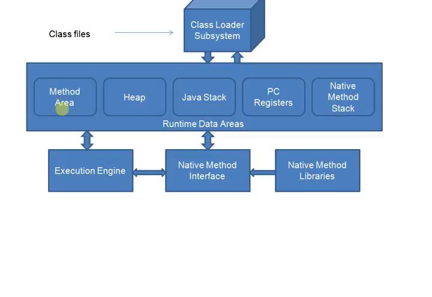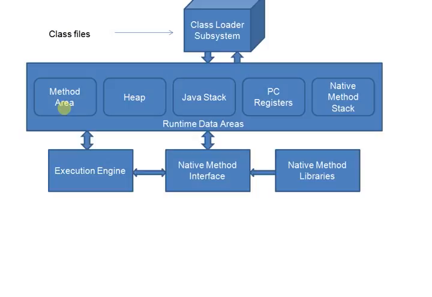When the virtual machine loads a class file, first of all, it will parse the information about a type from the binary data contained in the class file. Then it will place such type information into the method area.